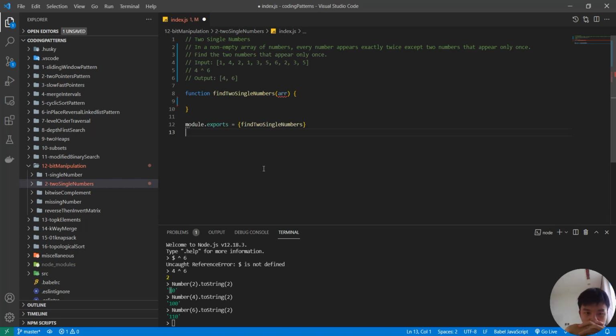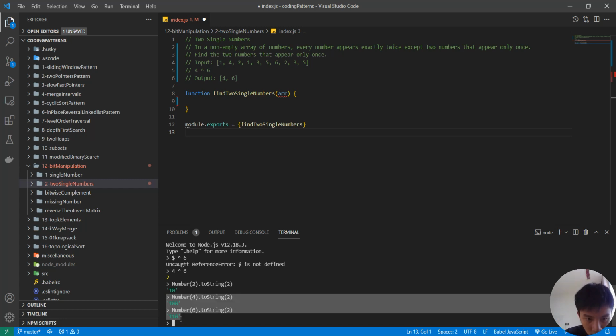After we have the first set bit, it means that our two single numbers are different at that bit, right?